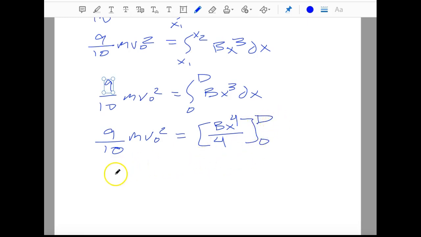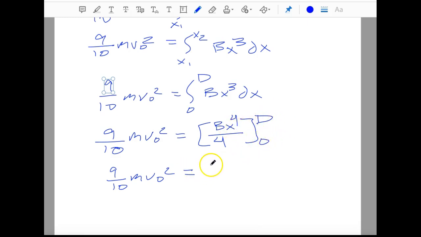That makes it really nice because now we have 9/10 m v0 squared is equal to, we put in d first for our variable, and then we put in 0.